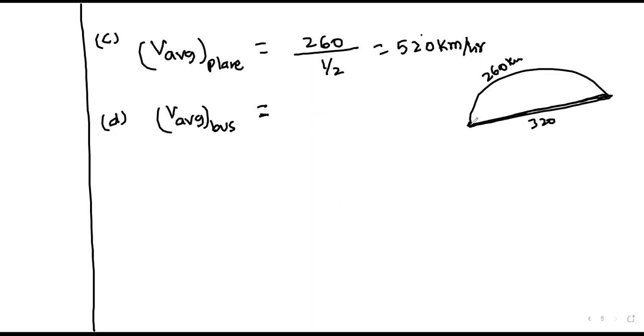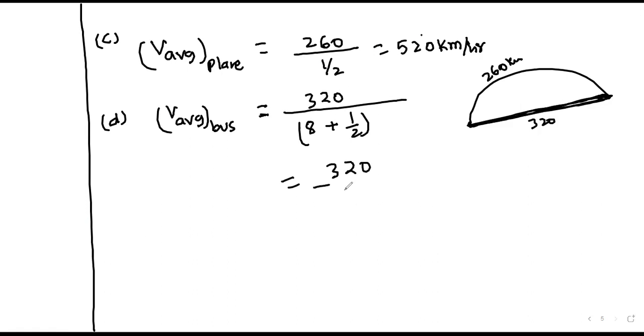Displacement is this one only, 320, by total time, that is 8 plus half, that is nothing but 320 by 8.5. So 320 by 8.5 means how much will we get? Approximately 37.64 kilometers per hour.